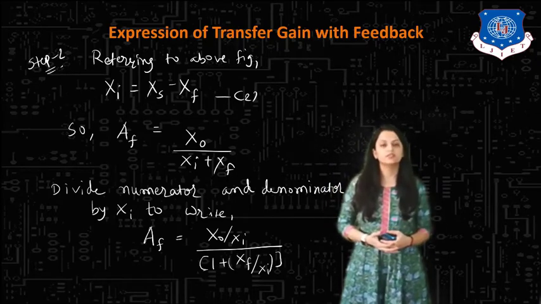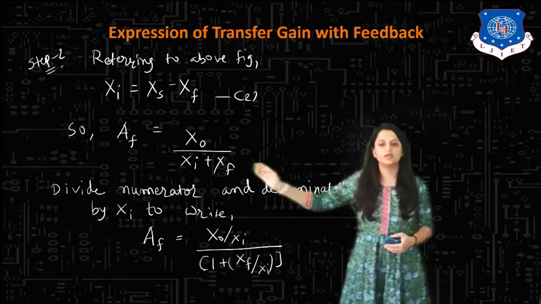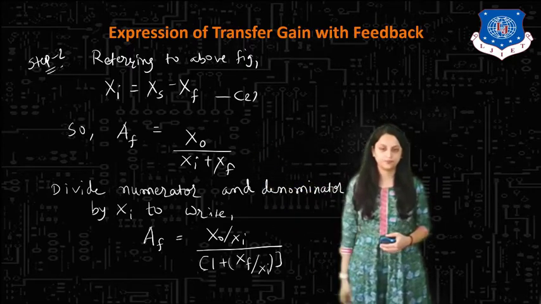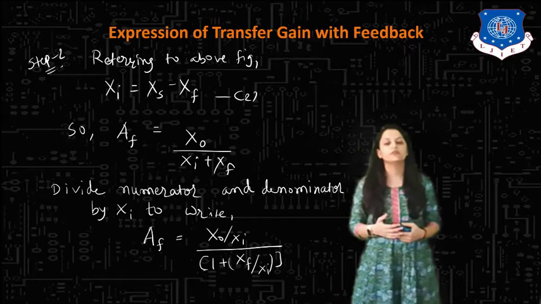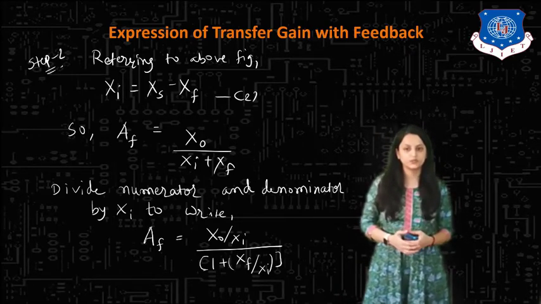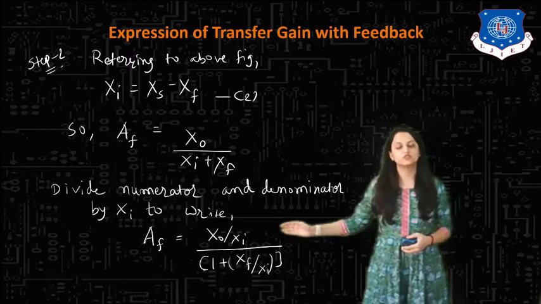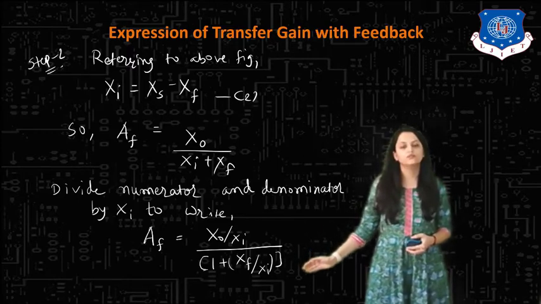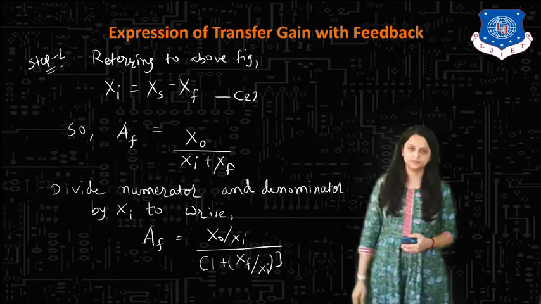So AF is given as XO upon Xi plus XF. If we divide the numerator and denominator by Xi, AF is given as XO by Xi upon 1 plus XF by Xi.